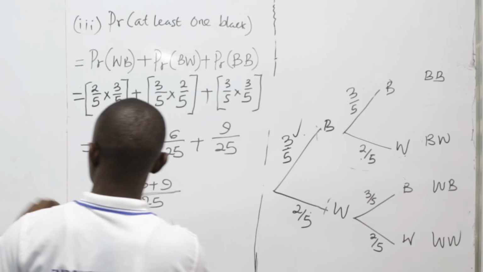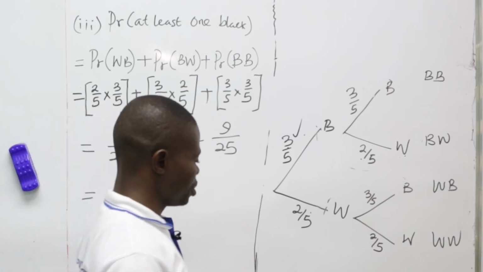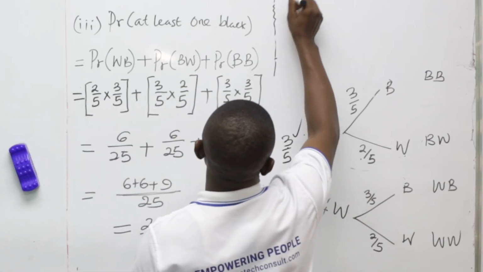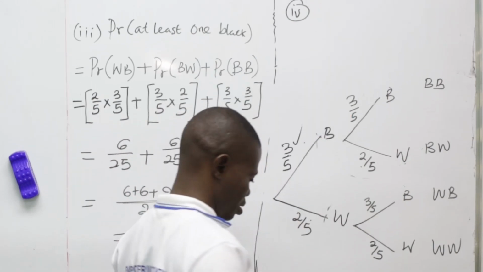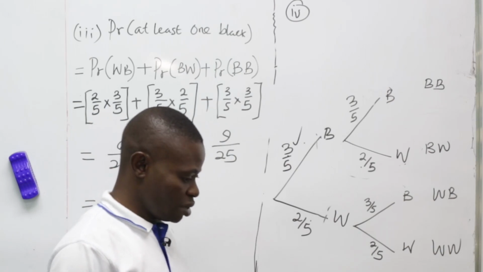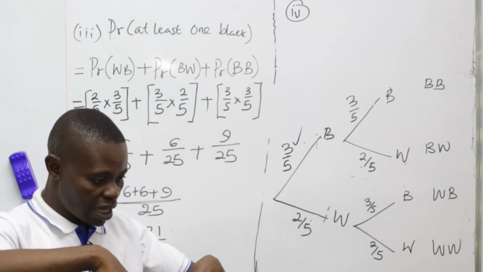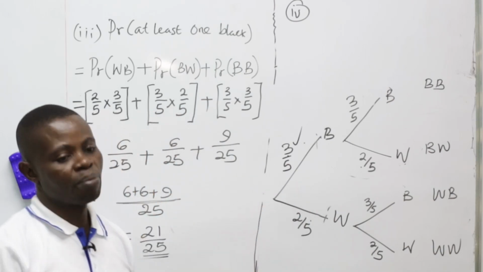At most 1 black, go this way, IV. At most 1 black, meaning there is no black and just exactly 1 black.